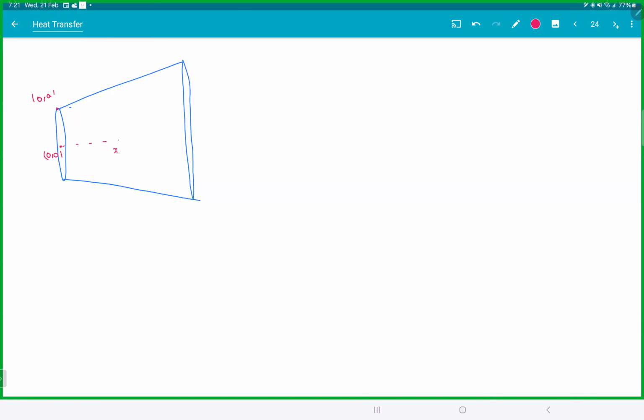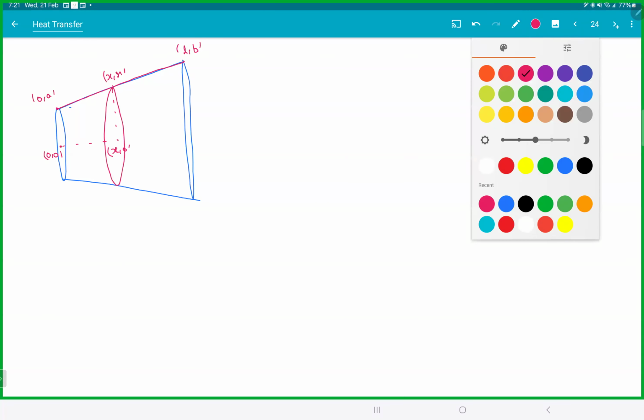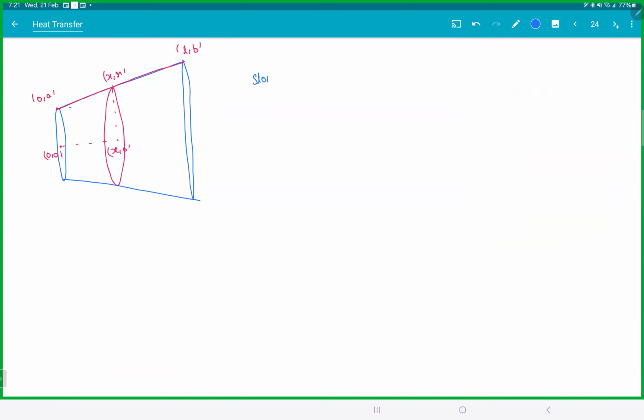At a distance x, this point would be x, 0. This would be x, r, the radius at that point. And this would be L, b. This is a straight line, so the slope should be the same. The slope b minus a by L is r minus a by x. So r is equal to a plus x into b minus a by L.